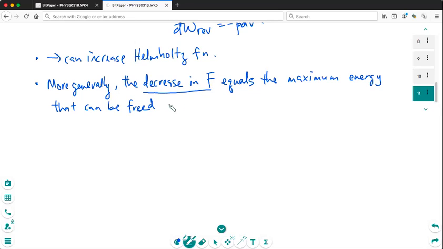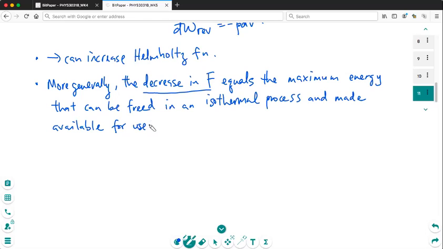But what is the constraint? That can be free in an isothermal process and made available for work, for useful work. Okay, try to appreciate this. Suppose I have an isothermal process. I monitor my Helmholtz function, and I find that it is changing in time.